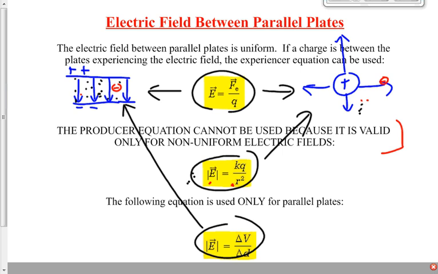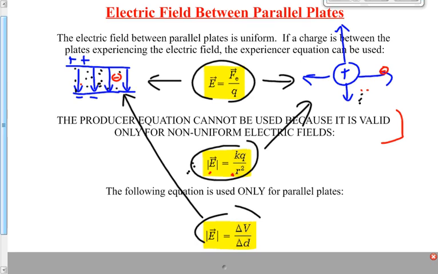Now, there's a couple variables in there that might seem a little bit foreign to you right now. Delta V stands for what we call the potential difference between the plates. The units for that are going to be volts, capital V. Now, you don't know what that means right now.